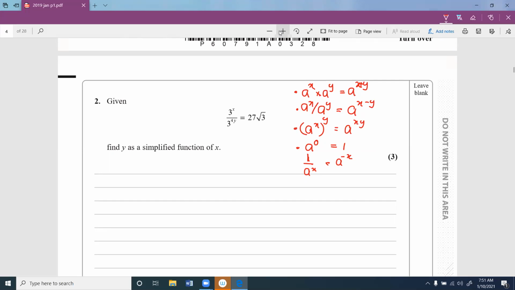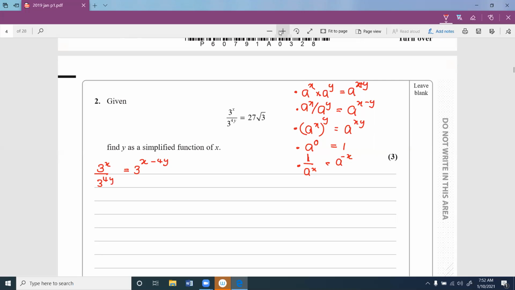Right. Let's go ahead with this. Over here, you can see this is 3 to the power x divided by 3 to the power 4y. If you simplify this, you can simply write 3 to the power x minus 4y.